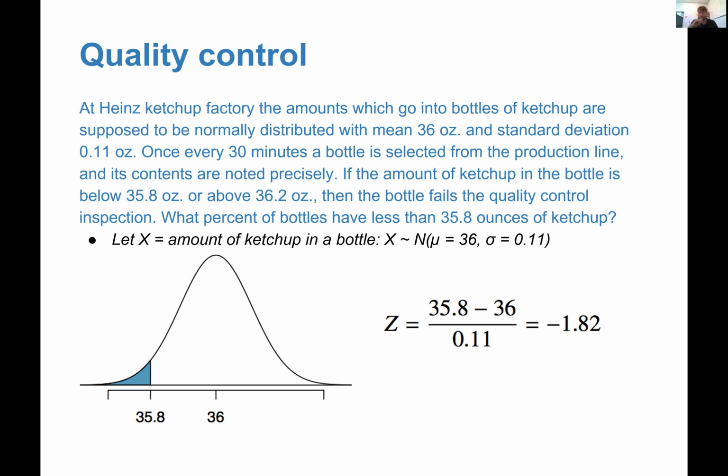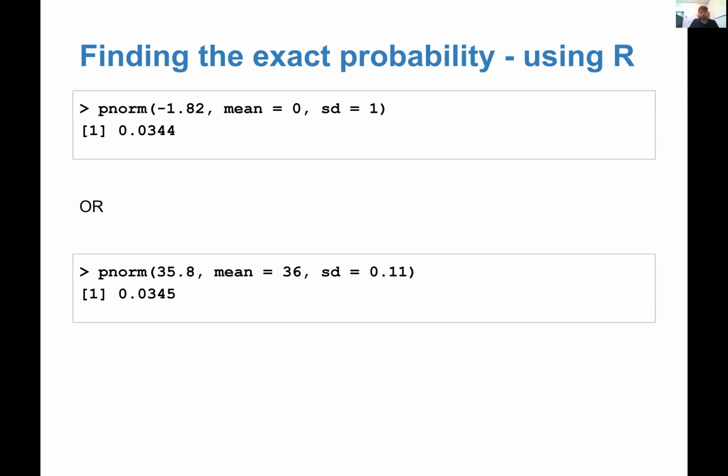Okay, so then we compute the percentile, because the original question is: what percent of bottles have less than 35.8 ounces? So what percentile does 35.8 correspond to? I could do pnorm of the z-score I computed already, or I could do pnorm of the original number with the original mean and original standard deviation.